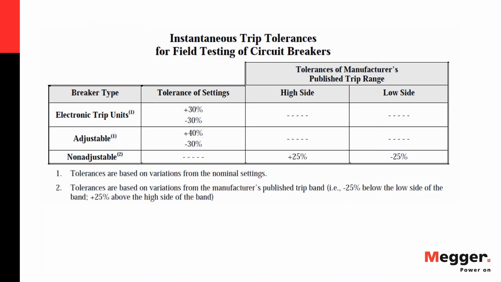And they also give you guidelines for tolerances. I took this directly from the standard. And there you can see non-adjustable, that's a typical molded case circuit breaker that doesn't even have a multiplier, 30 amps, 75 amps, 125 amps in that area. So you have a plus-minus range for your band.